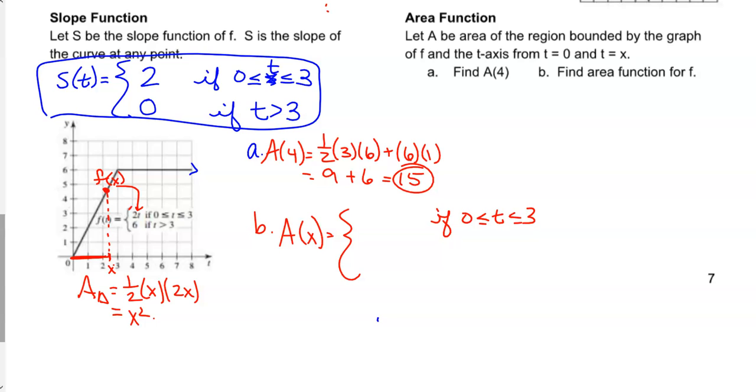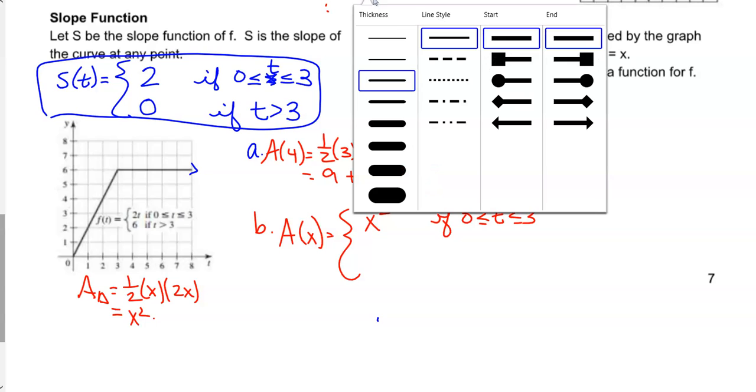Now, if our x is beyond that, what would we do? So sometimes you have to break these things up, and we'll see that later on too when we're dealing with integration and maybe some derivatives and such. You got to kind of break these things up.